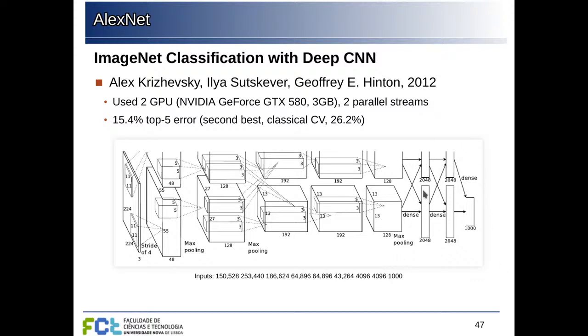And at the end, we have dense layers. So we have layers of neurons that are fully connected, and then 1000 output neurons that will give us the guesses that the network is making for the different classes.